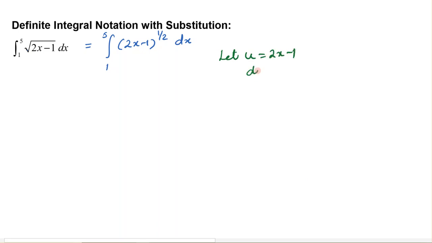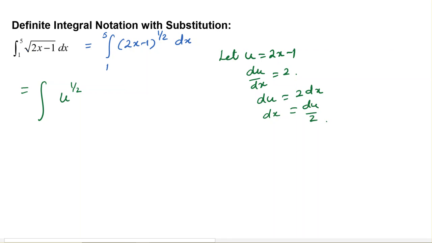So du over dx is 2, or du is equal to 2 times dx. When we replace in the integral, in place of 2x minus 1 we write u raised to power half, and in place of dx we need the value from here, which is du over 2. So in place of dx, we write du over 2.